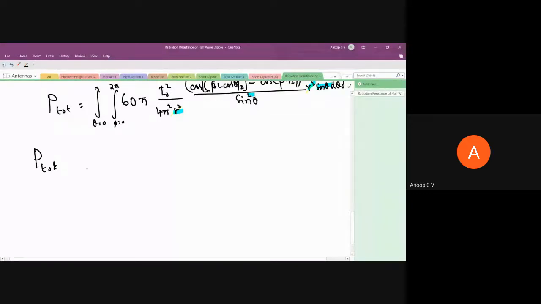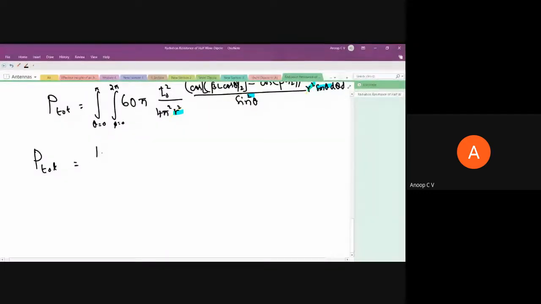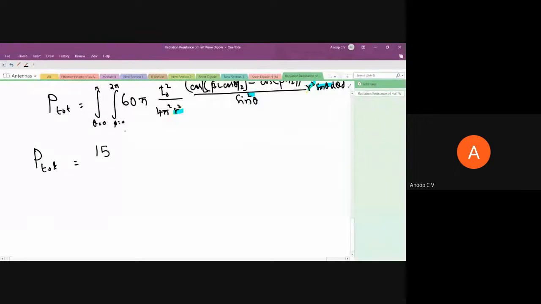The constant in P total will be 15, just correct me if I'm wrong. 15 I naught square divided by pi times the integral with theta from 0 to pi and phi from 0 to 2 pi. One sin theta and sin square theta get cancelled, so in the numerator we don't have any change.